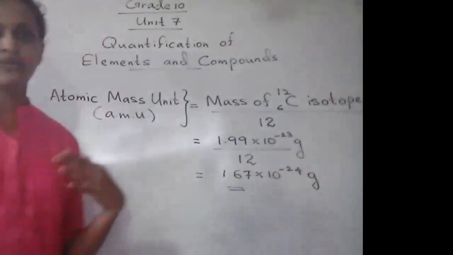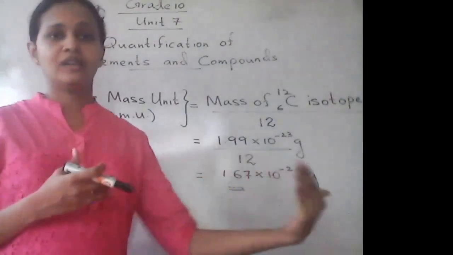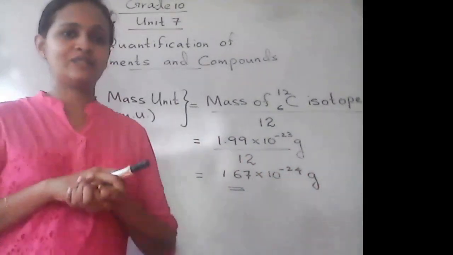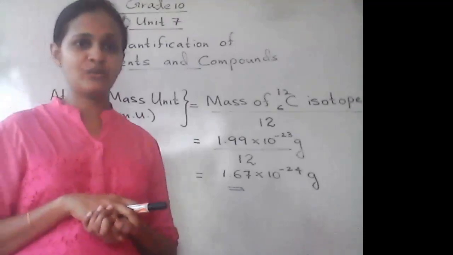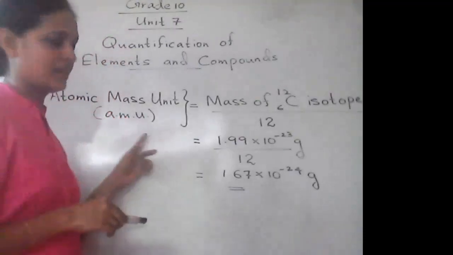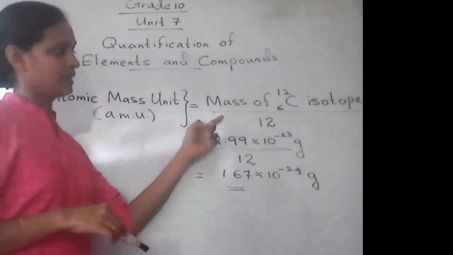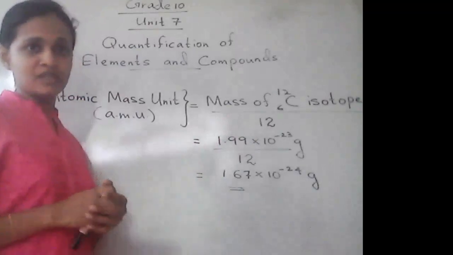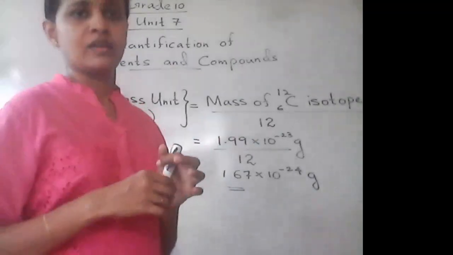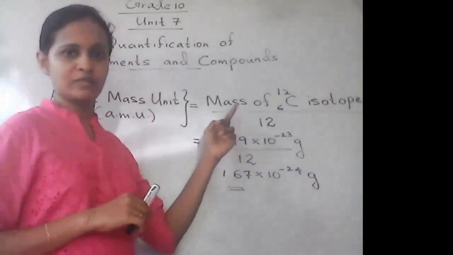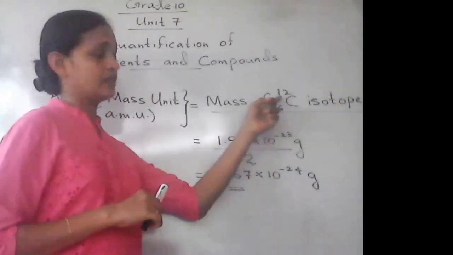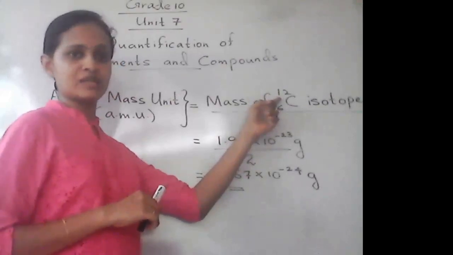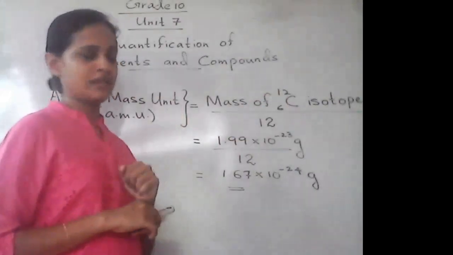Several atomic mass units were used since the development of science and technology, but nowadays we are using the atomic mass unit as 1/12 of the mass of the carbon-12 isotope atom. So you know about isotopes. There are several isotopes of carbon. Here we are using the carbon 12 isotope. That means 12 is the mass number of that particular carbon atom.